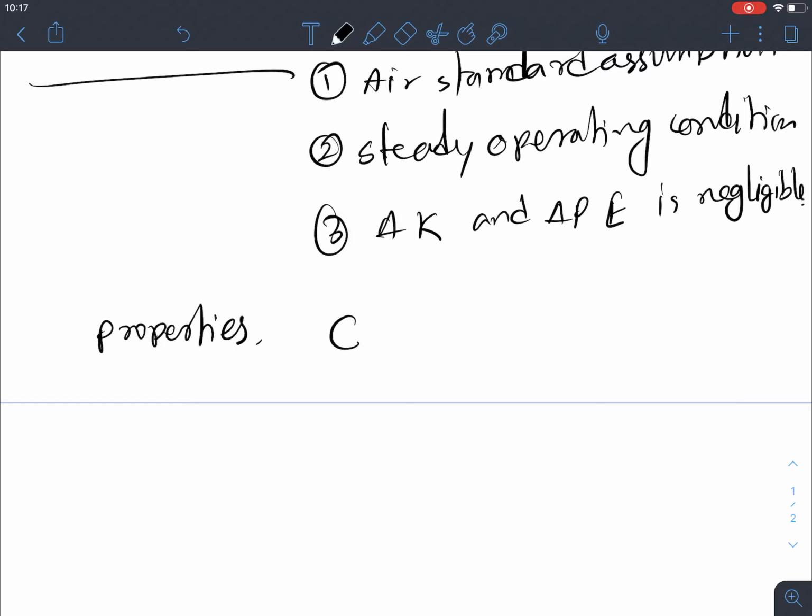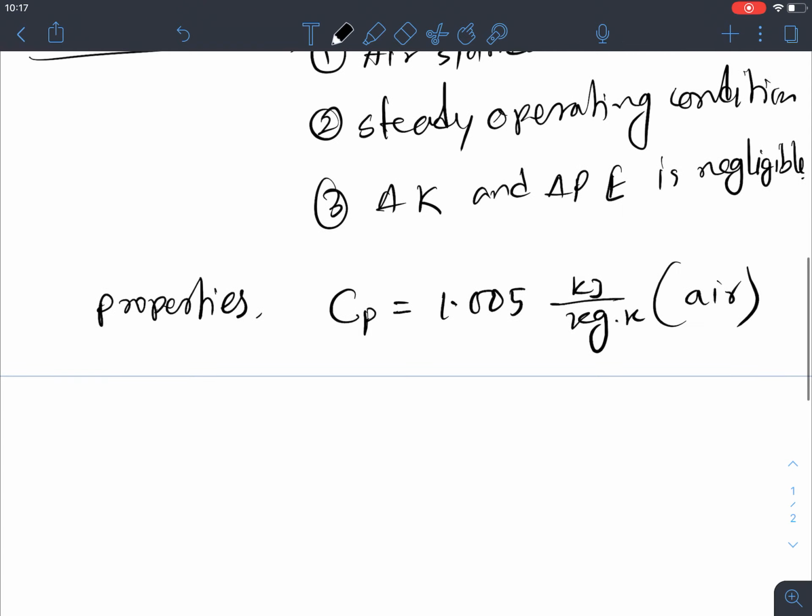Air properties is basically the Cp of air, it's 1.005 kilojoule per kg Kelvin, and k equals 1.4, all of them came from table A2.